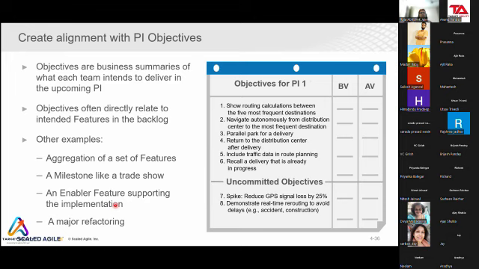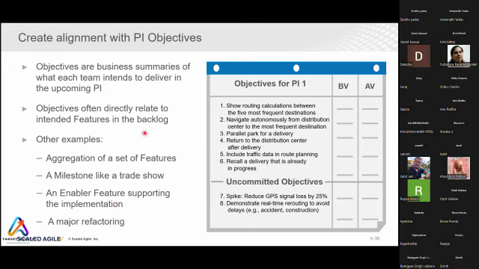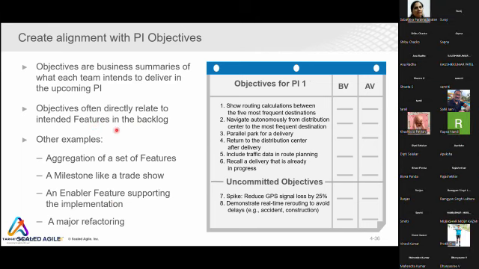But how to write them? Objectives are often related to the intended features in the backlog. So whatever PI objectives you write, they directly relate to the features present in your backlog. For example, an aggregation of a set of features can be a PI objective. A single feature itself can convey a PI objective.